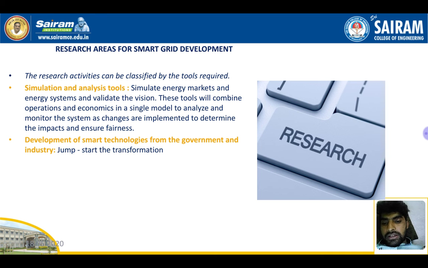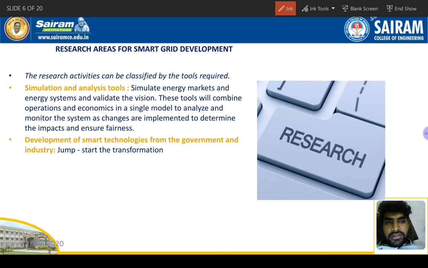Next, development of smart technologies for government and industries. Jump start the transformation. In the government sector at present, we have several research activities in the smart grid and in power generation sectors, right?